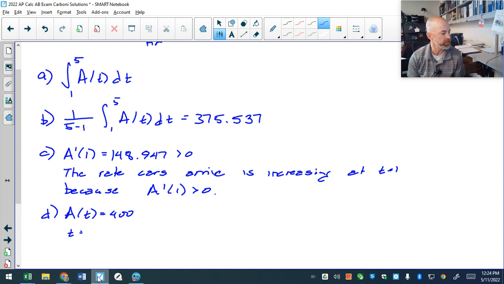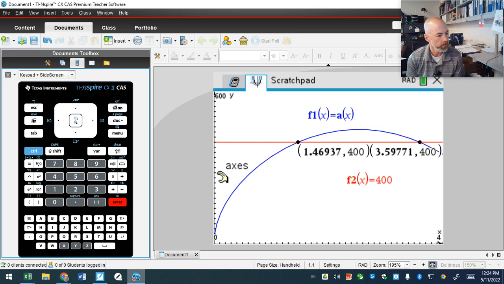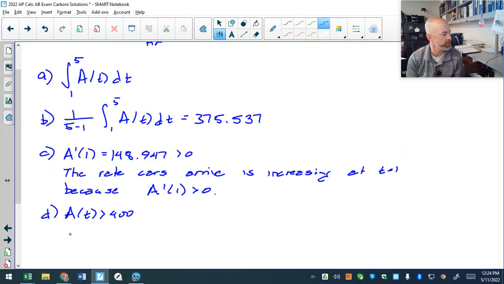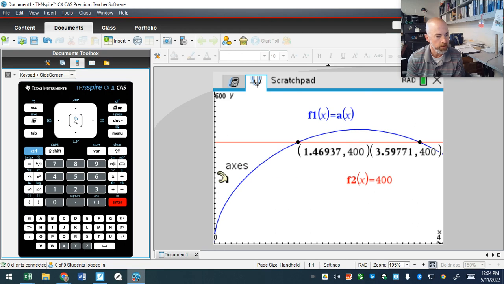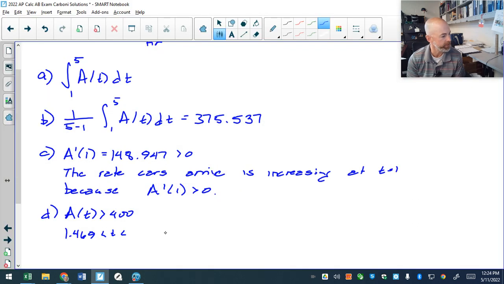I'm going to make a note to myself that A of t is greater than 400 on the interval 1.469 less than t less than 3.598.